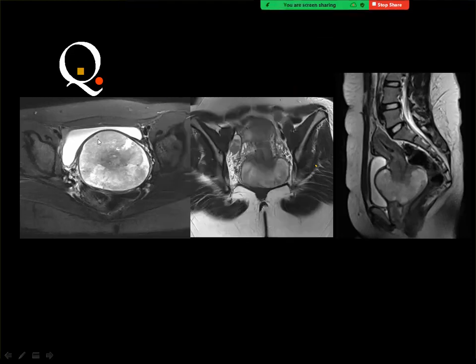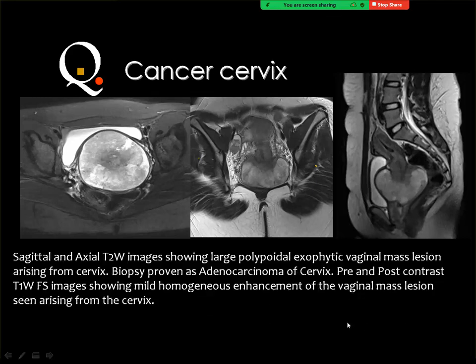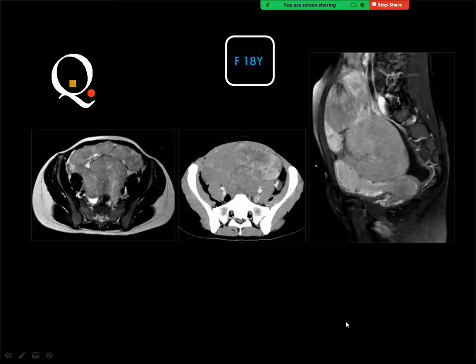You got a very big mass in the region of the cervix, and it's clearly identified in the sagittal images as well as in the coronal image. It is infiltrating the upper part of the vagina and causes some mass effect on the urinary bladder, and this is cervical cancer. Next case is a female patient, 18 years old, with a big mass in the pelvis.